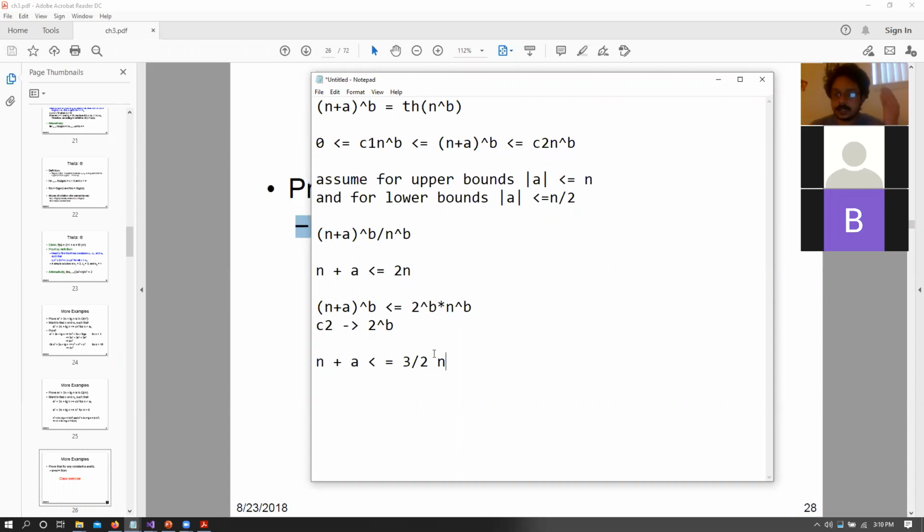Basically using the same process, raising both sides to the power of b, we can say that C1 is going to be the constant 3 by 2 raised to the power of b. So now we have both of those constants, C1 and C2, and essentially that means we can bound the equation (n plus A) raised to the power of b within these bounds.